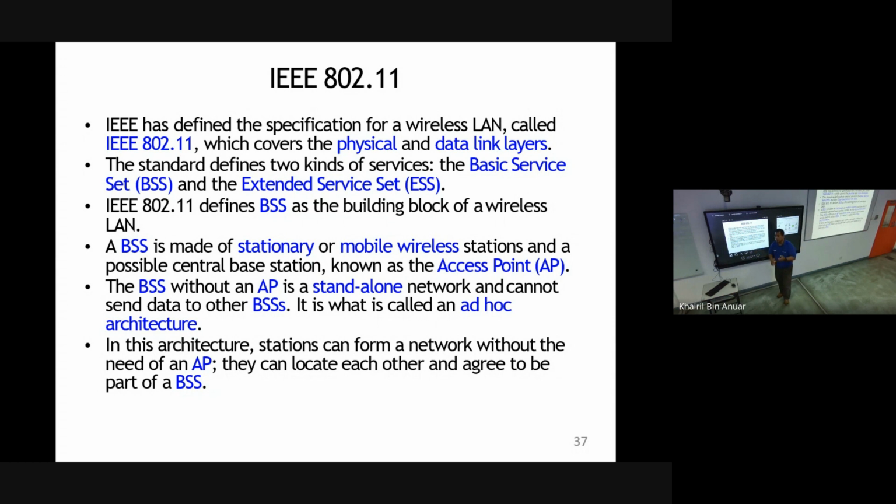You can try this on your own devices. You can connect your Wi-Fi to any available access point, but at the same time, you can also do an ad hoc connection between your two end devices.